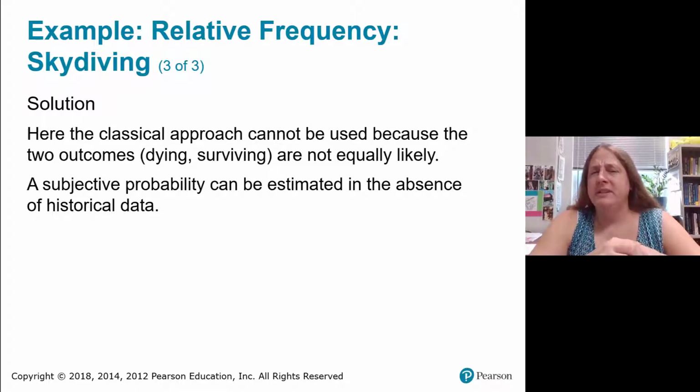Actually, I would probably say it probably happens every once in a while. So my subjective probability would be that it's close to 0. It's rare. And yours might be similar. Or you might be unlucky enough to know somebody who has died when they were skydiving, and you might think that it's very dangerous and the probability of dying is very high. Again, that's why it's subjective probability.